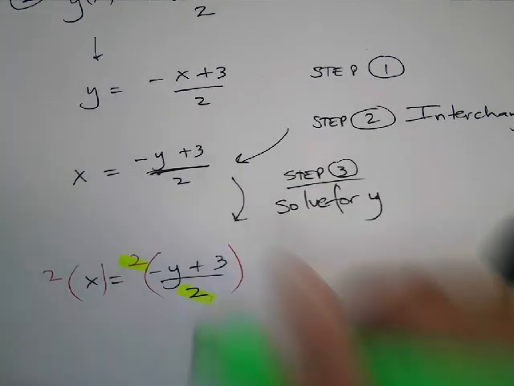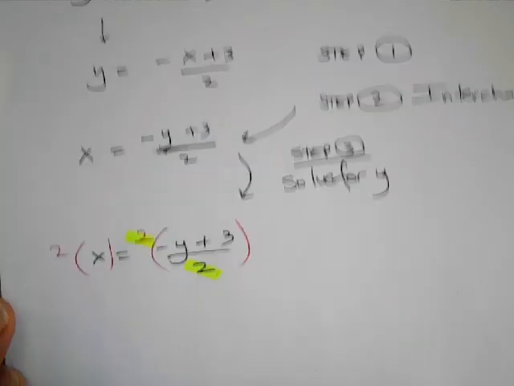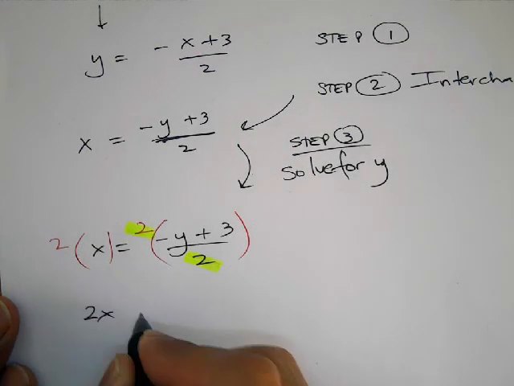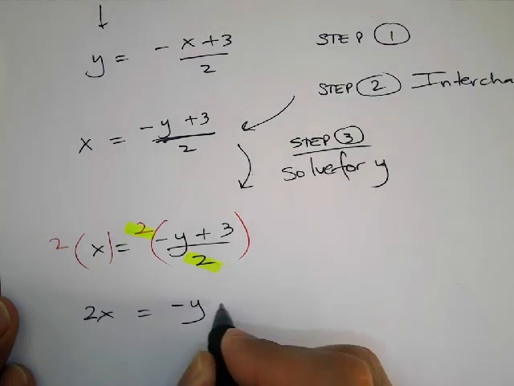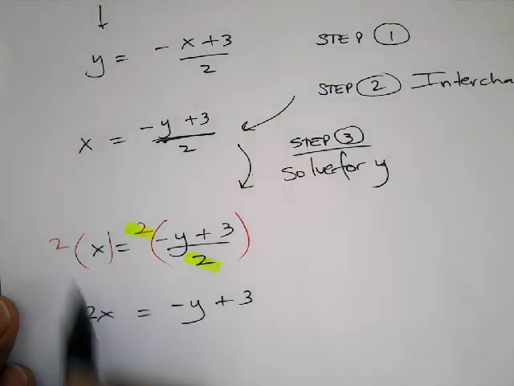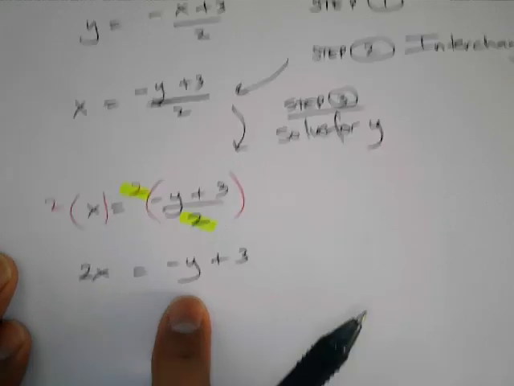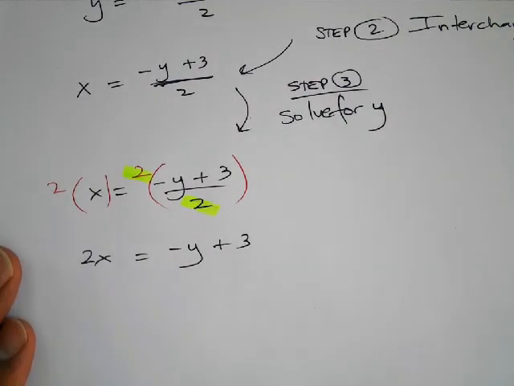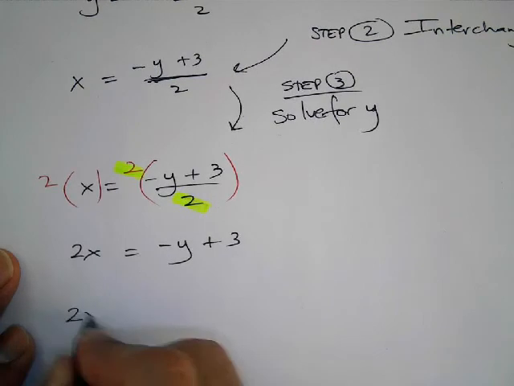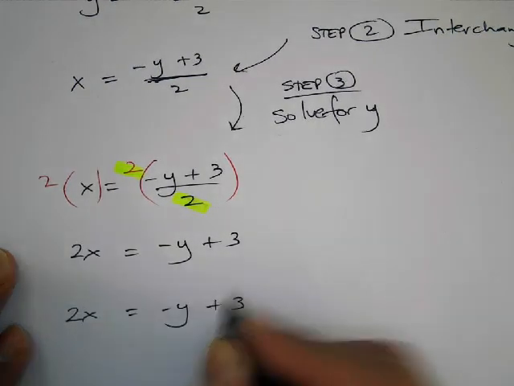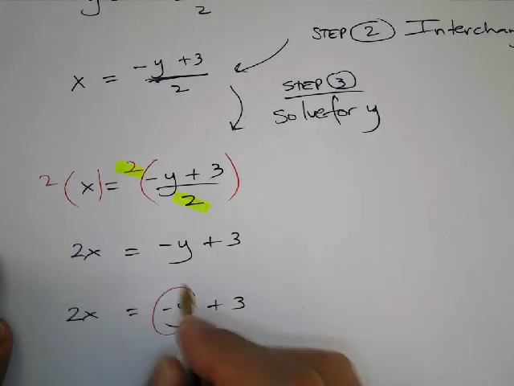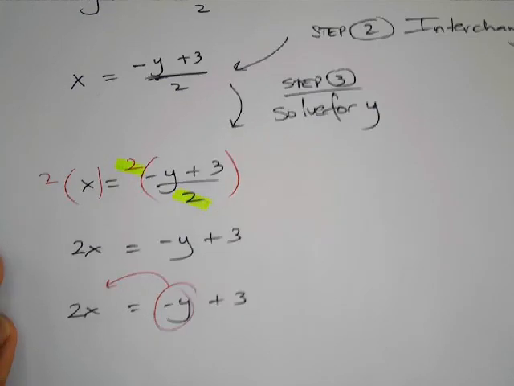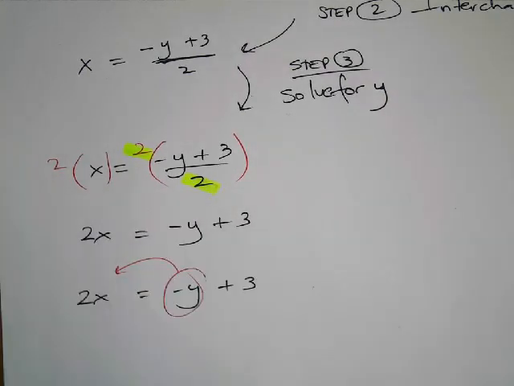So now, obviously these will cancel here. And you're left with this equation. We're still solving for y, but I just had to do this little step to get rid of that fraction, right? Okay, now you're still solving for y. I don't want negative y. I don't want negative y, so how about if we do this? I want this y to be positive.